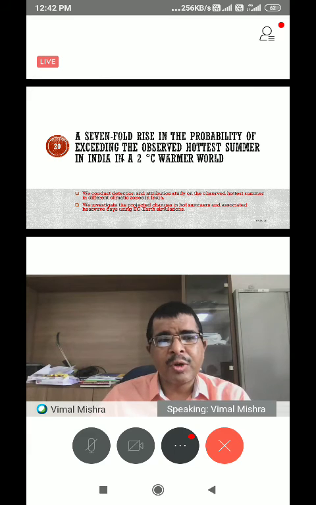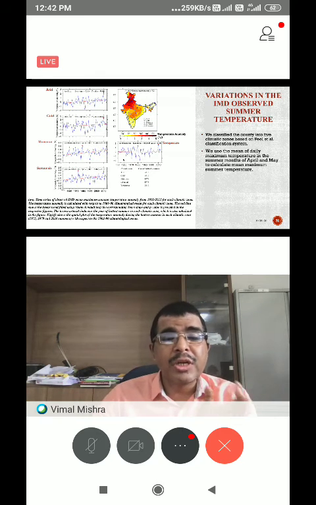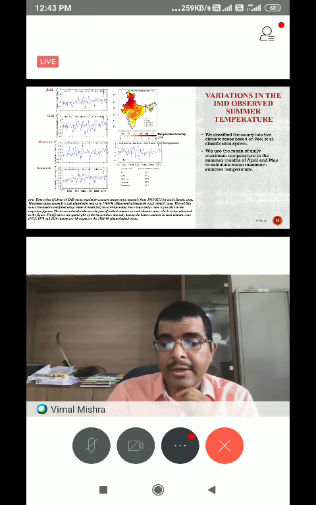Here we looked at different climate regions. We identified the hottest summer that occurred in the last 60 or 70 years, and then we estimated the probability of these hottest summers occurring in a 2-degree warmer world. So if you change the global mean temperature by 2 degrees from the pre-industrial level, how often will these hottest summers, which occurred only once in 70 years, occur?